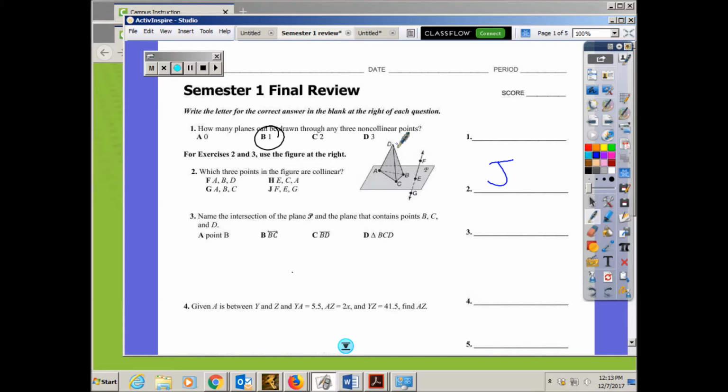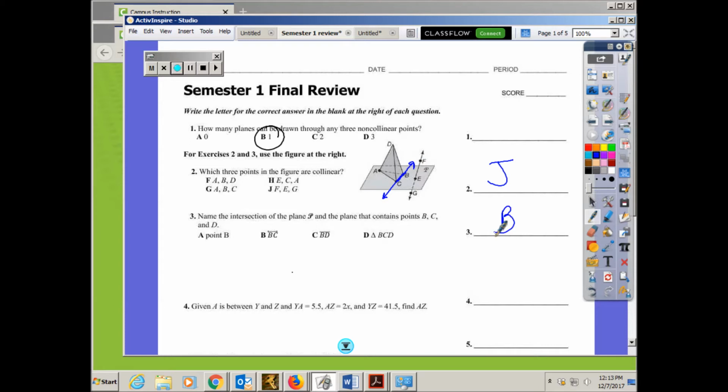Plane D, so the plane that contains B, C, and D, is this plane here. It looks like a triangle, like the side of a triangular prism. Remember, planes extend in any direction. It intersects with this plane at line BC. Even though that's a line segment, it would continue as a line. Okay?